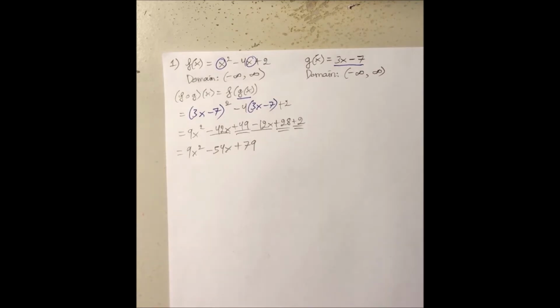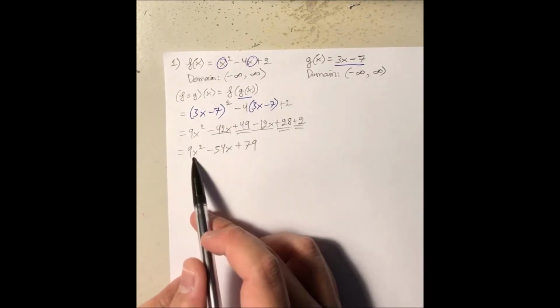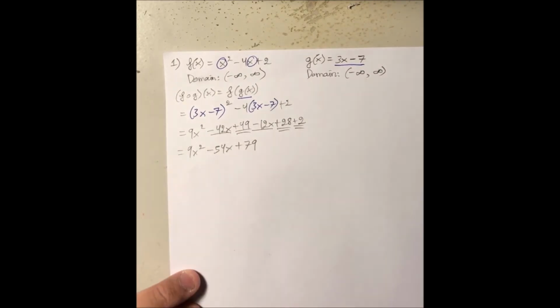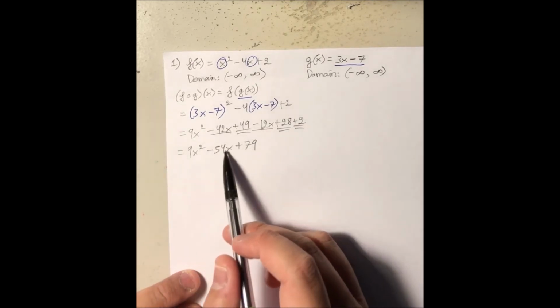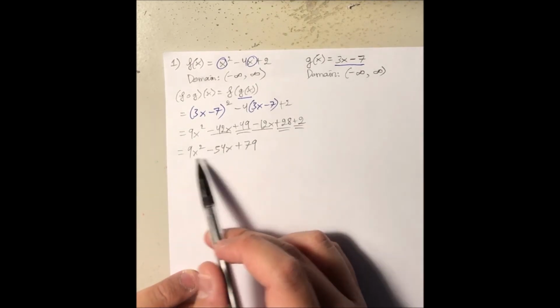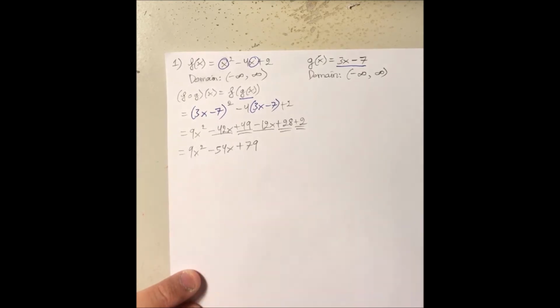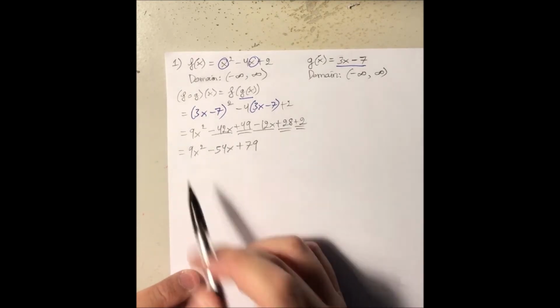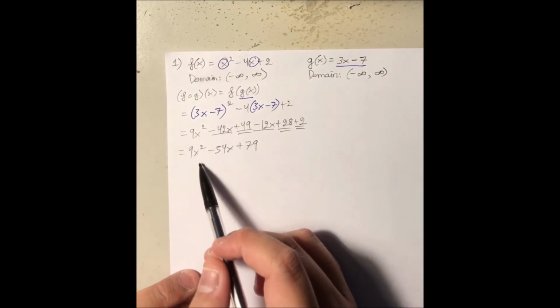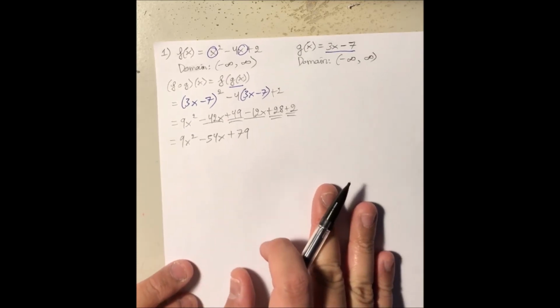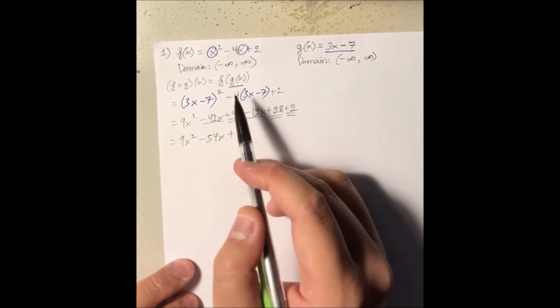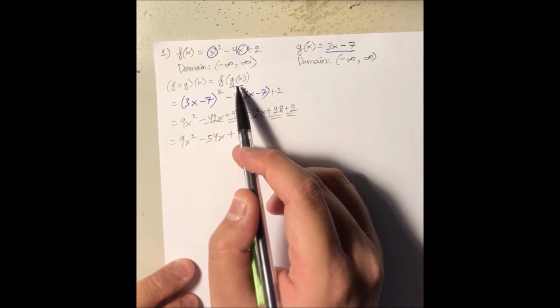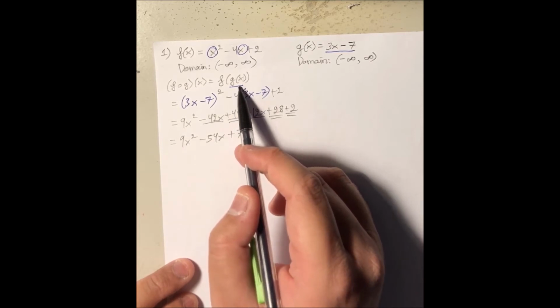Okay. Now, what is the domain of the resultant function here? Or should I say, is there any restriction in the domain of this function here? Well, there's no restriction because there's no denominator. We can take any x value, plug it in, and crank out the corresponding y values. And we also don't have any restriction from the inside function g of x either.